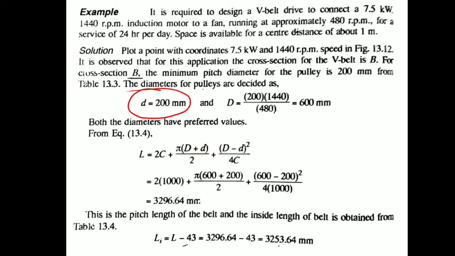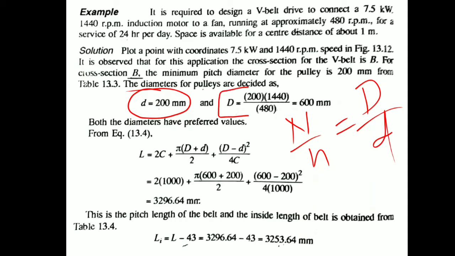So capital D is equal to, I know N by n is equal to d by D. Therefore diameter of the bigger pulley is, here we should not do 2 times, because that is in case of the flat belt drive. Here we will have to do the ratio according to the speed ratio. So it gives you 600 mm diameter, correct? This is the first step. Understood, friends?